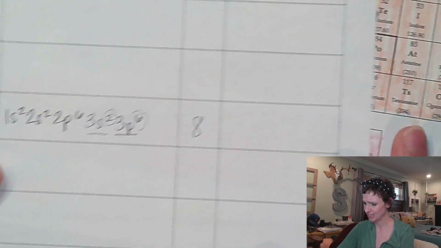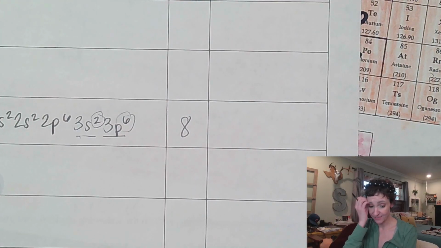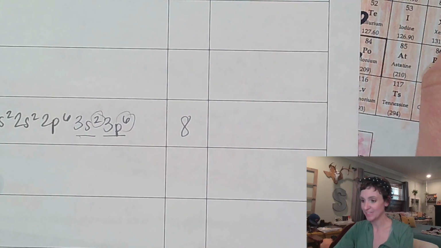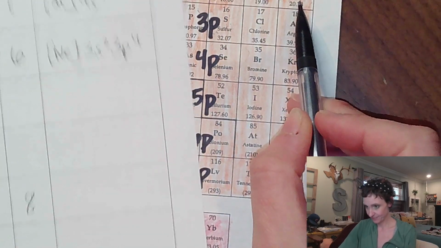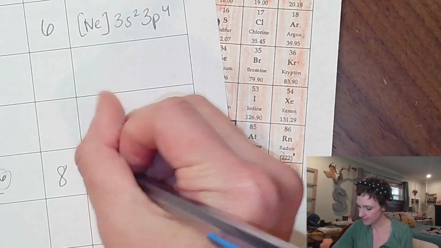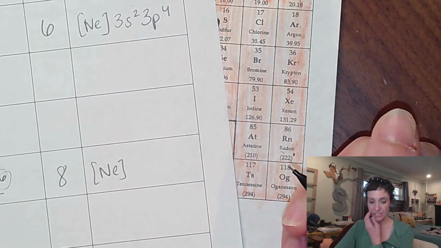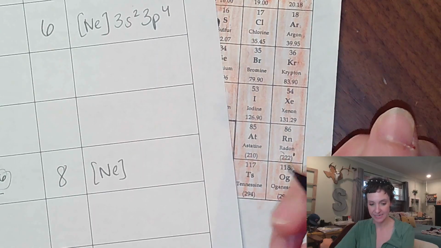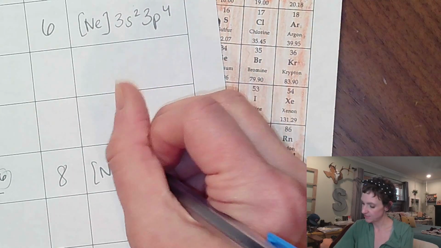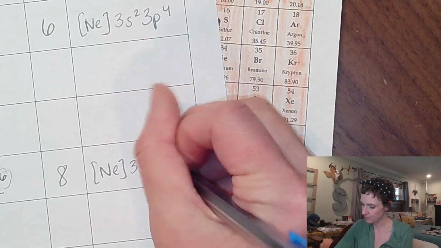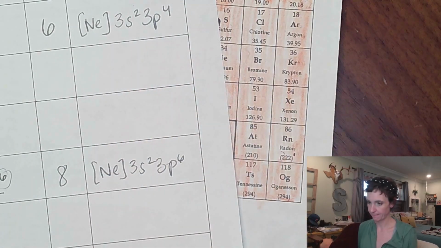Noble gas configuration. Okay, so for the noble gas configuration for this one, behind we've got neon, right? So then I will write neon, and then all the configuration that it takes for us to complete to get to the end where we stopped. So then we would go 3s2, 3p6.